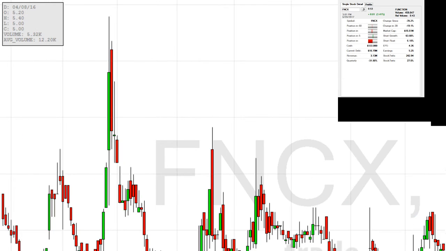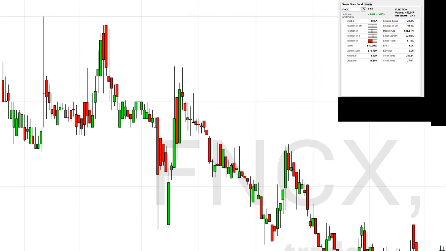Even when it looks like it had a possible reversal and gapped up all the way to 14, 15, even 1649 was its high. 2015, when it looked like it might have been on a reversal, it just hasn't kept any type of trend. So let's see, we've got the lows at around 34 cents in April.